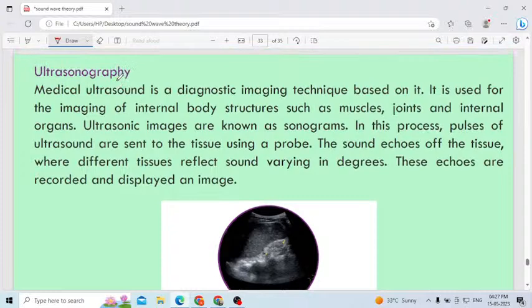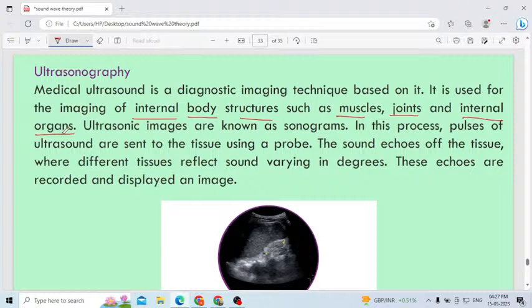Ultrasonography. Medical ultrasound is a diagnostic imaging technique used for imaging internal body structures such as muscles, joints, and internal organs. When you send ultrasound to your body, you can get the image of a particular organ, whether it is the kidney, liver, stomach, or small intestine.